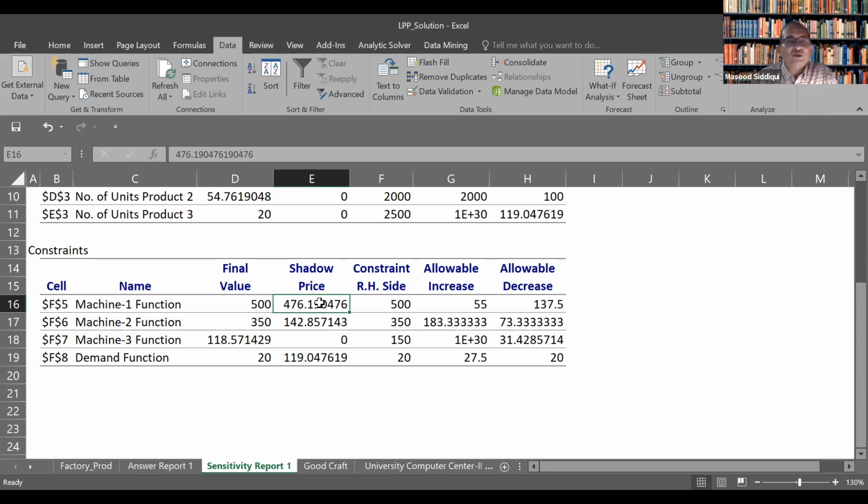Obviously, the answer is no, because the profit from 1 hour extra from machine 1 is only 476, but he is demanding 500. So that is of no use, right? The maximum price that we are ready to give for machine 1 is only 476, so obviously we would give less than 476.19. In the same manner for machine 2 and so on.